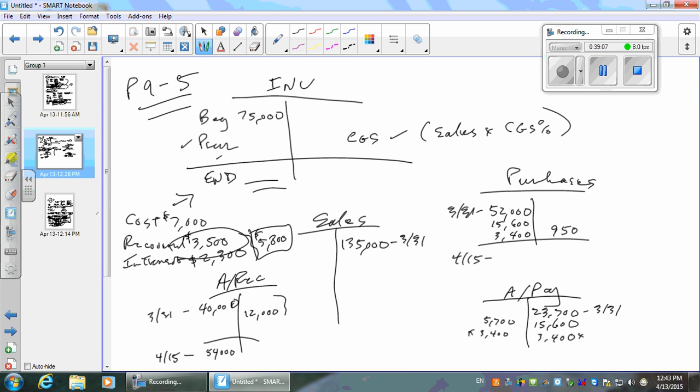What's the debit to accounts receivable between March 31st and April 15th? 14 plus 12, is that right? 26,000? Does that do it? Okay. Is that the sale they had? 26,000?